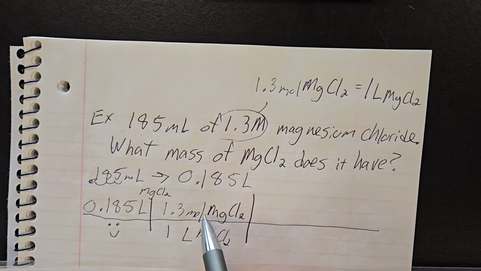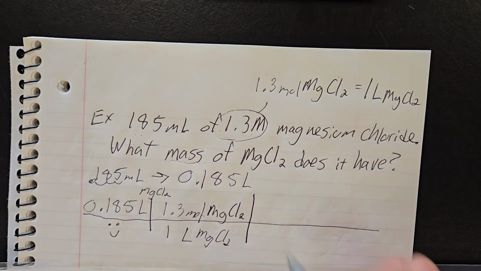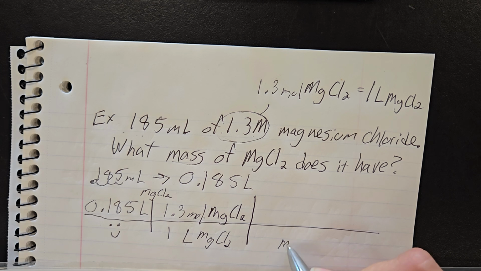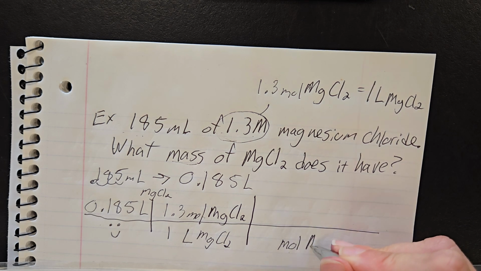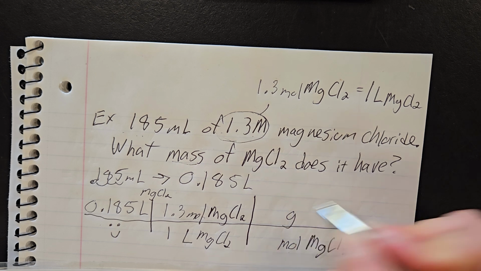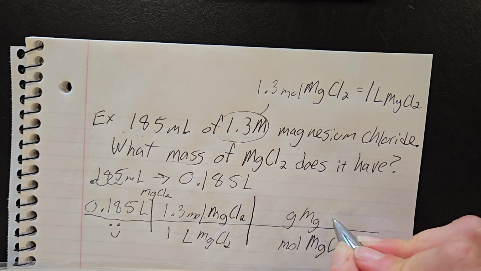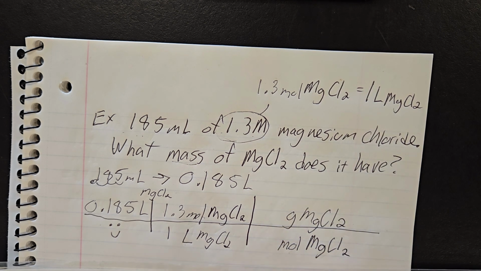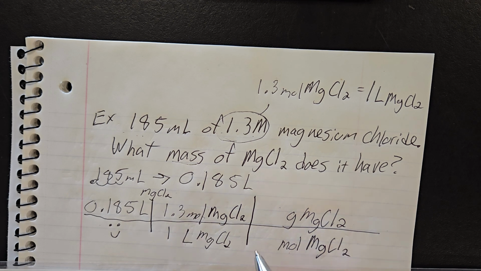Now it's an old conversion. Moles isn't what I was asked for; I was asked for mass. We bring moles MgCl2 down to grams MgCl2, and just like molar mass, we want 1 mole and so many grams.